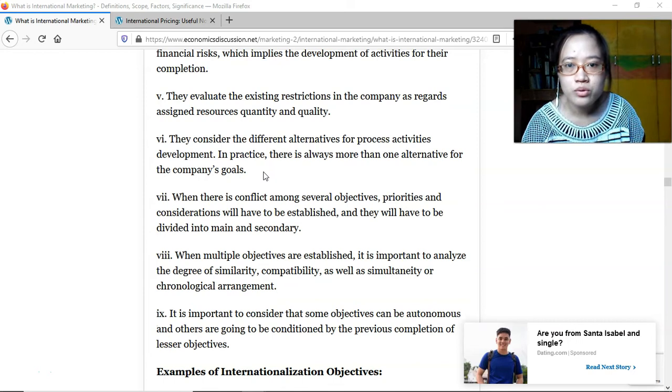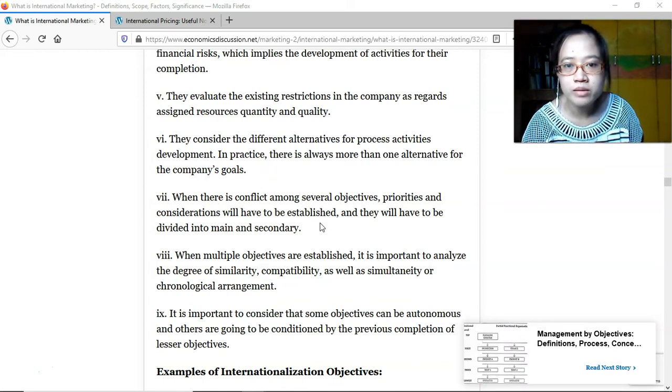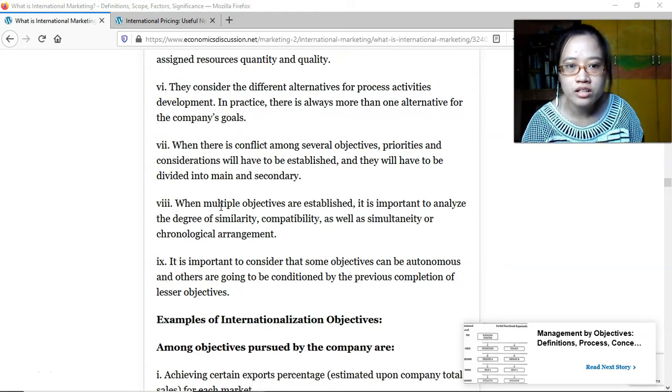In practice, there is always more than one alternative for the company's goals. When there is conflict among several objectives, priorities and considerations will have to be established, and they will have to be divided into main and secondary, and of course the focus should be on the main.